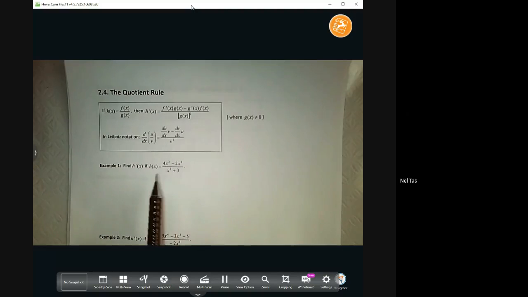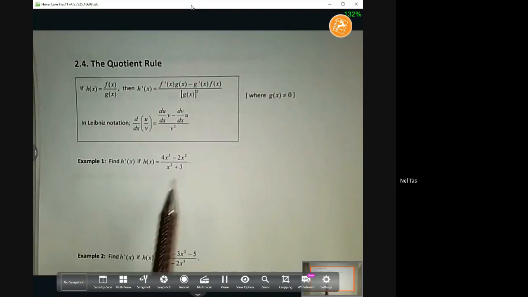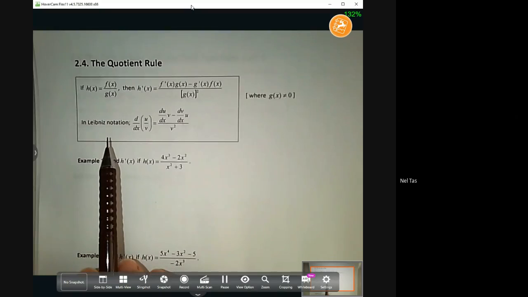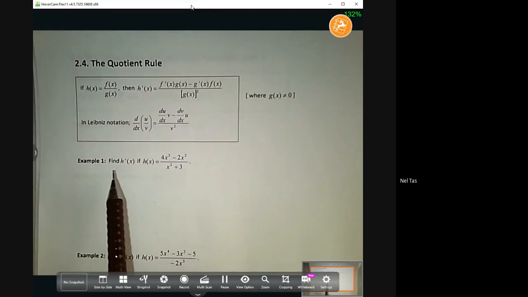So we are given h of x equals x cubed minus 2x squared over x squared plus 3. On the test, if I ask for Leibniz notation, it will be clear which notation to use. But in the end, you are taking the derivative the same way.